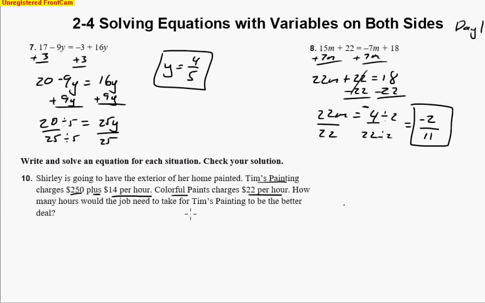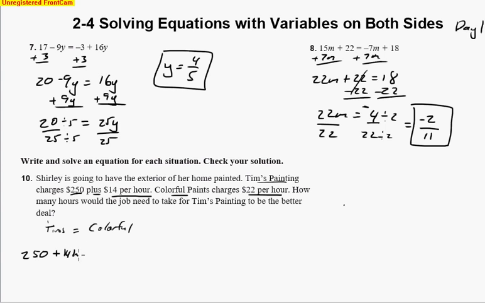So what we want to do is set the two painting companies' prices equal to one another. So we're going to do Tim's, and we're going to set that equal to Colorful. And so let's try to write an equation for Tim. Tim's equation is this: $250, that's his base charge, plus $14 every hour.